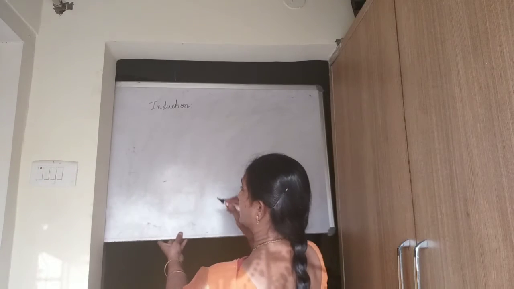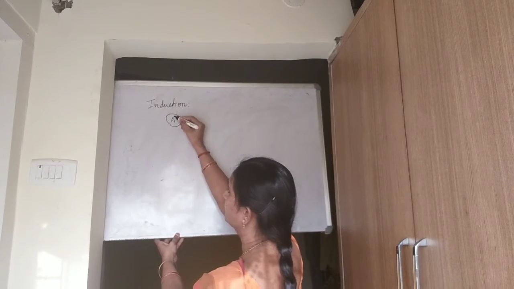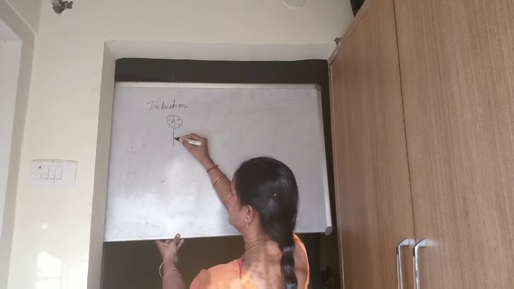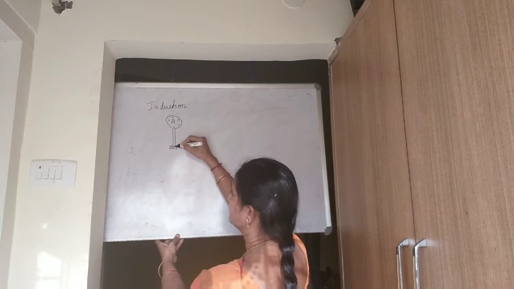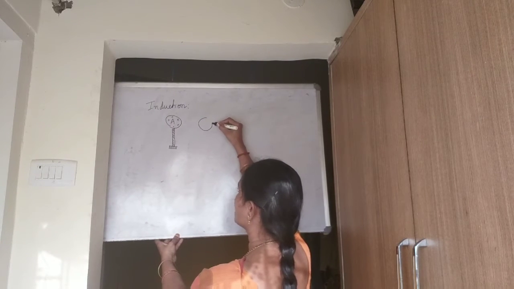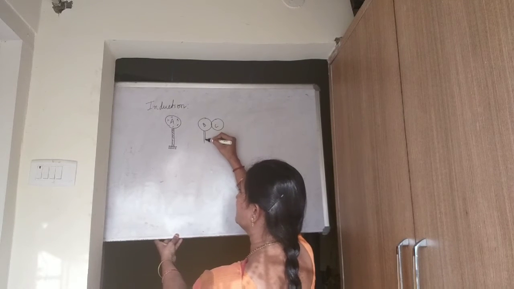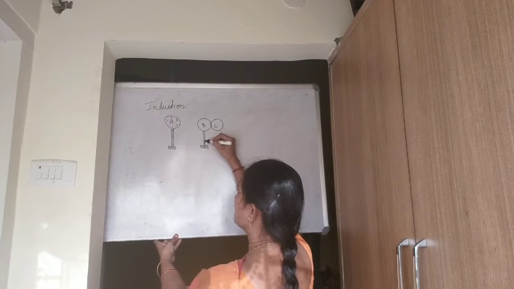So for induction to occur, we will take again a body A which is already having a positive charge, a metal sphere placed on an insulated stand, and two more spheres, not necessarily of the same size, any size will do.